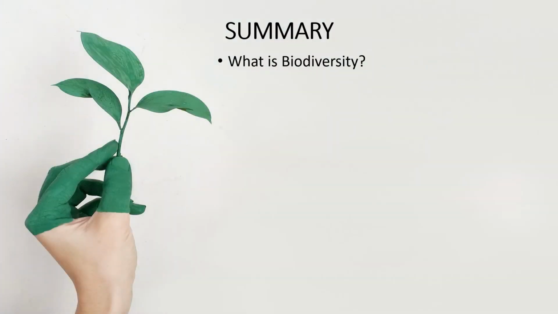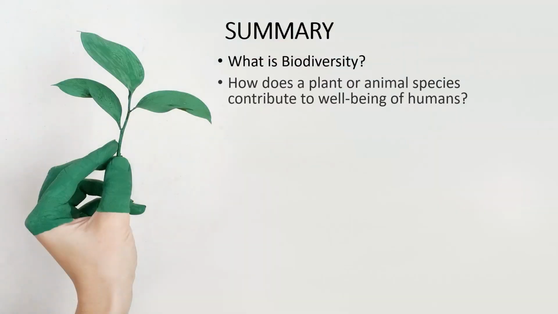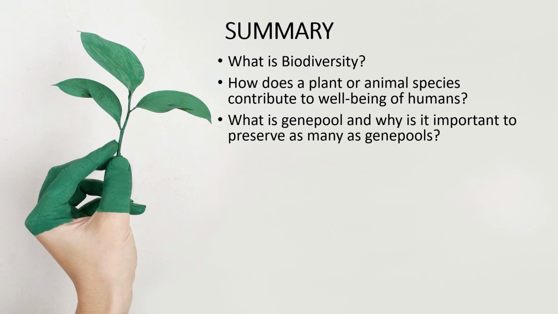So let us summarize what we have studied. What is biodiversity? By now, you should be able to understand what biodiversity is, the importance of biodiversity, what causes biodiversity loss, and how a plant or a species contributes to the well-being of humans. What is a gene pool?